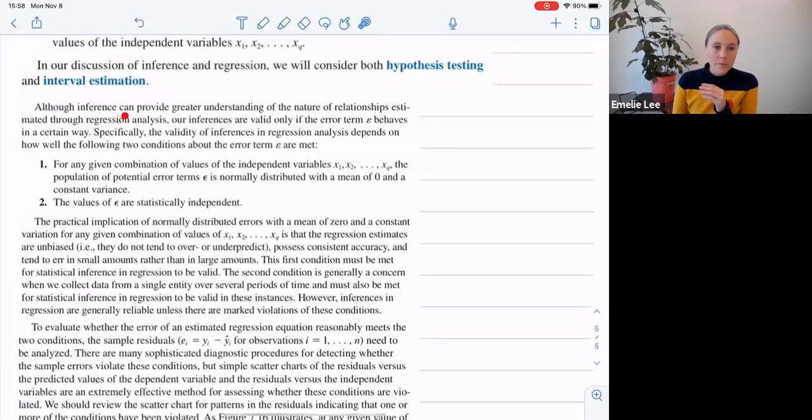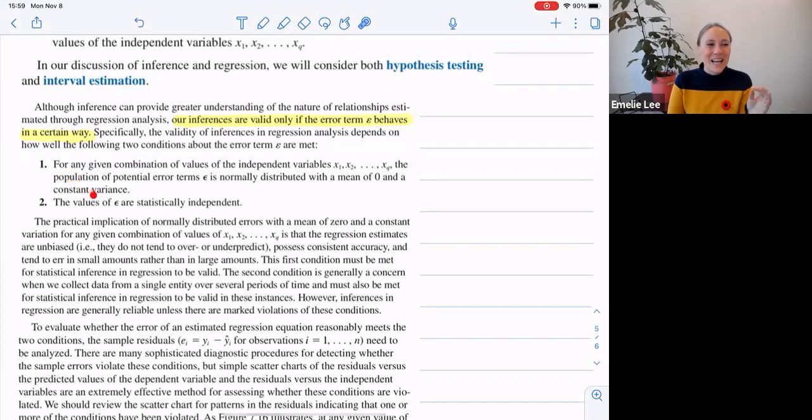Okay, so we can do inference on these estimates, but we need to check some conditions first. Our inferences are valid only if the error term behaves in a certain way. So what we have to check is how well the following two conditions on the error term are met. It's the same condition always.